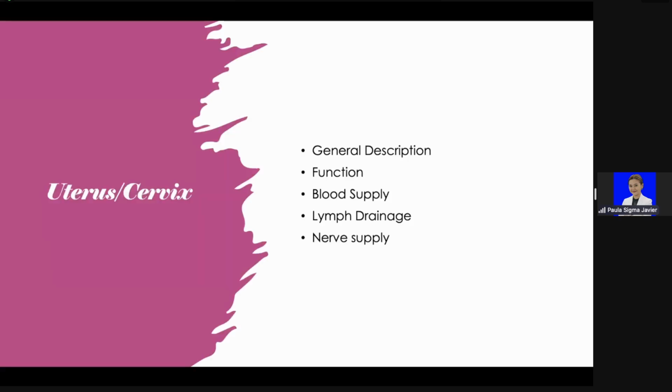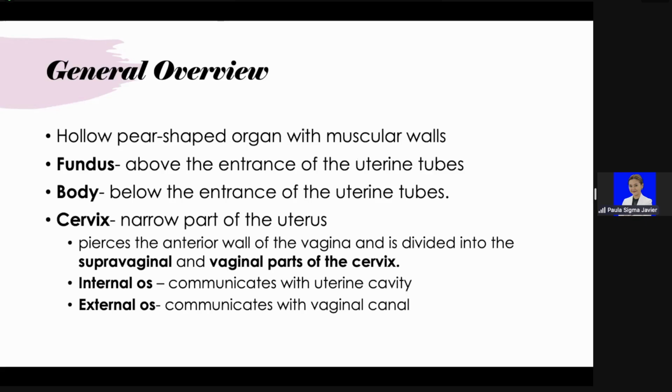Now let's proceed to the uterus and the cervix. So the uterus is a hollow pear-shaped organ with muscular walls. It has the fundus, which is above the entrance of the uterine tubes, the body below the entrance, and the cervix, the narrow part of the uterus.